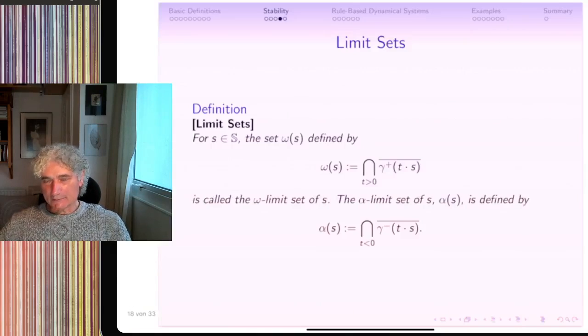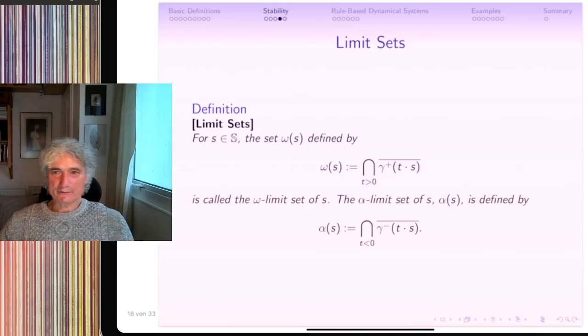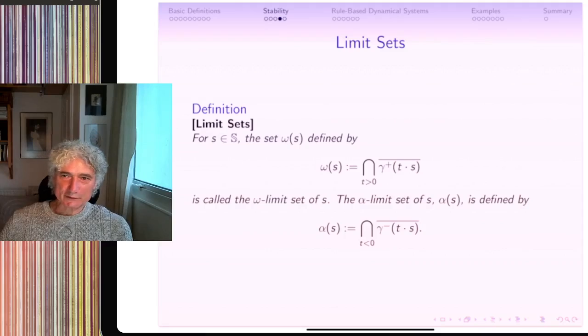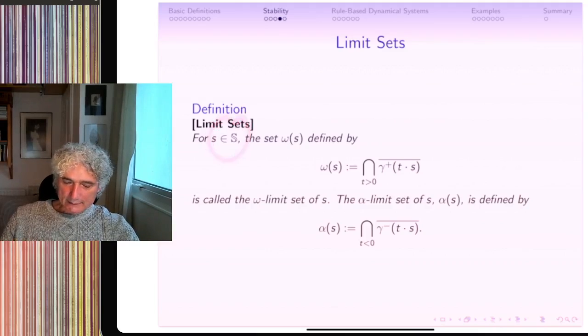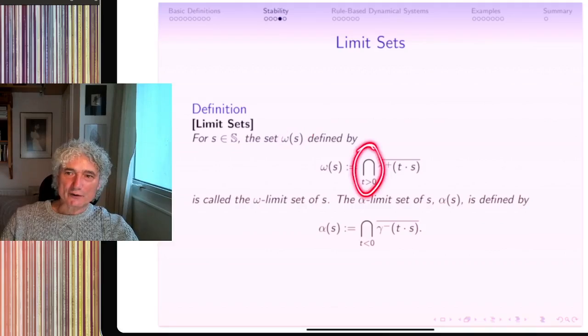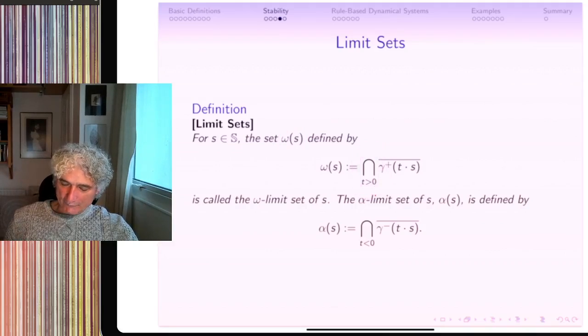Right, okay, so let's continue. We go to limit sets. A limit set is defined as follows. We have a state s in the state space S. Then omega of s is defined as the intersection over all positive times of the closure.